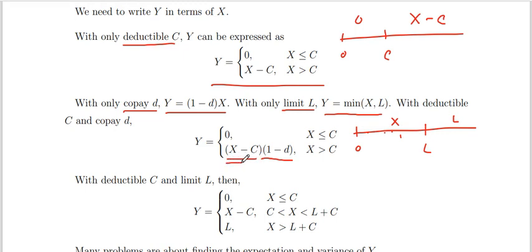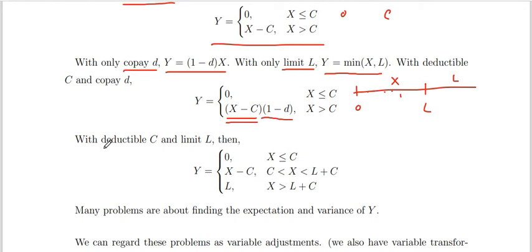So this is X minus C after you pay the deductible, and they also will not pay all, they pay like 80%, right? If you have deductible C and limit L, the deductible means you always need to pay C. So if the loss is less than C, the company will pay 0.